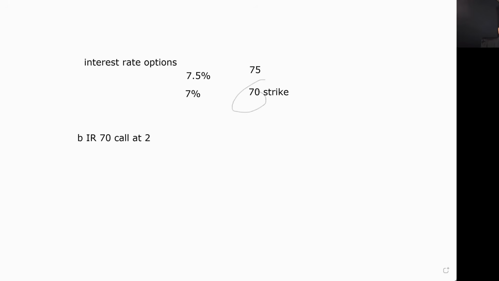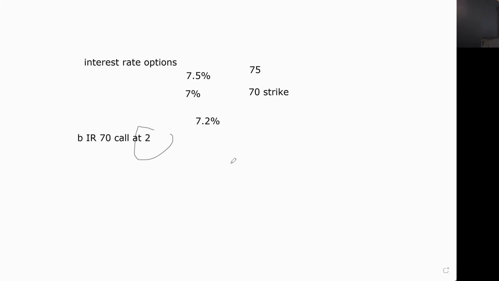But my break even point will be 7.2%. I don't think they'll go that deep on you on that, but I do think you have to understand that. So if I buy an interest rate 70 call at 2, and the interest rates go over 7.2%, I beat my break even. If they go down, I obviously lose my premium.